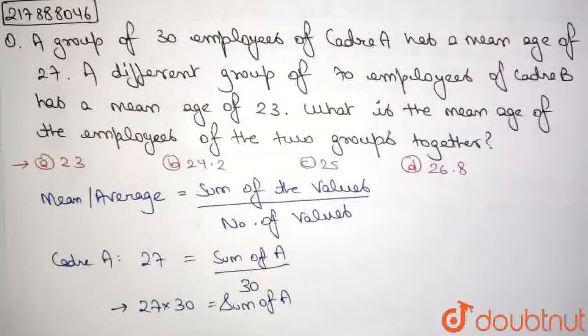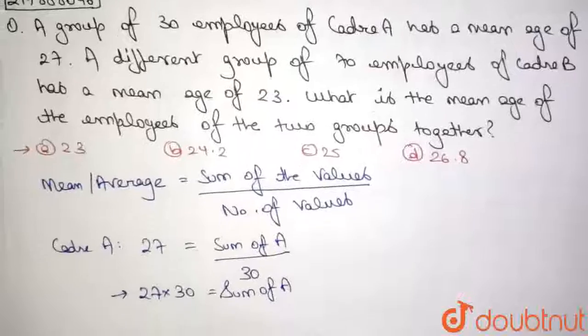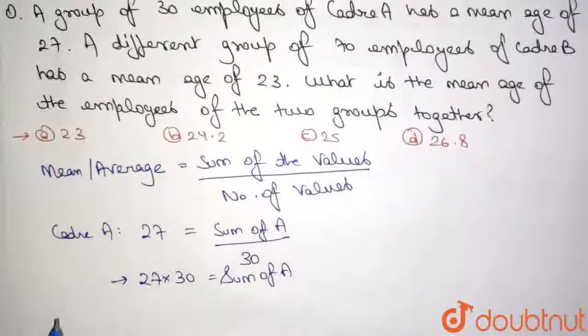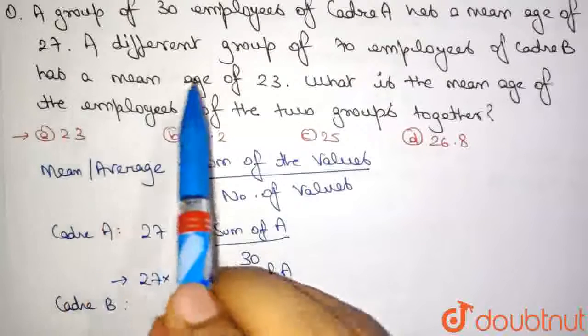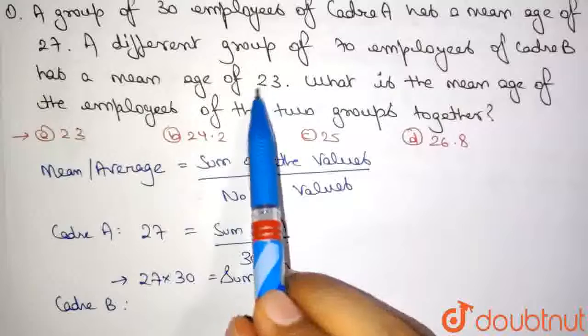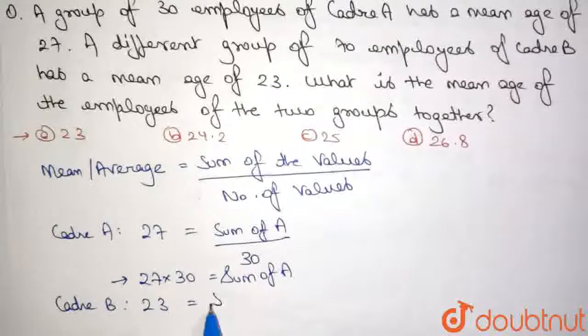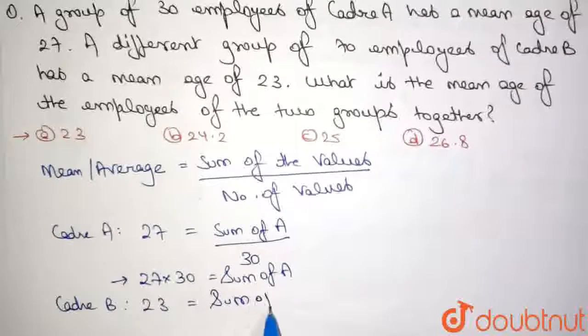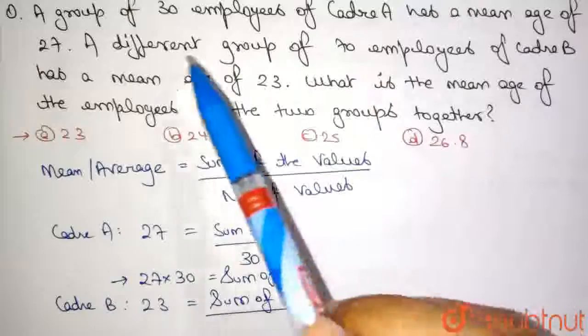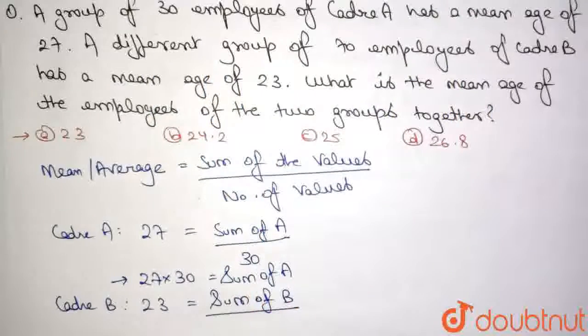Similarly, if I calculate for Cadre B, here the mean age is 23, right? So 23 is equal to sum of B divided by the number of people in Cadre B, which is 70.